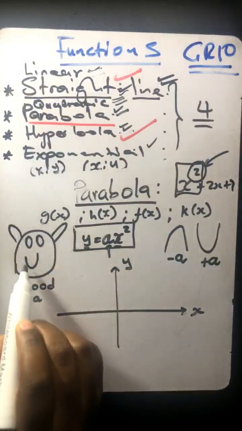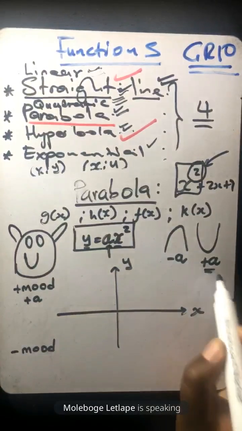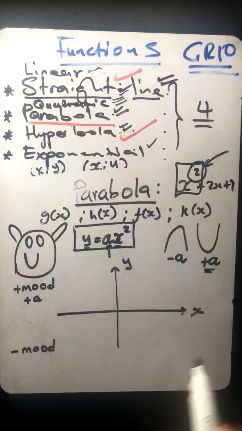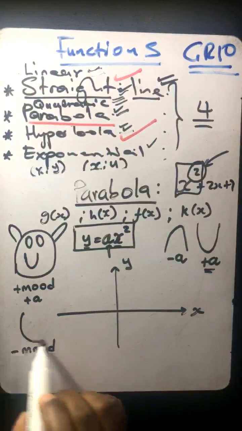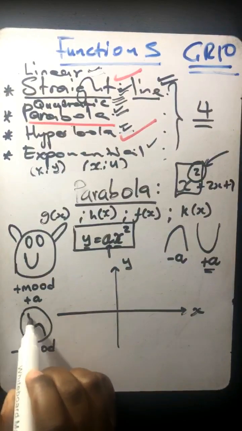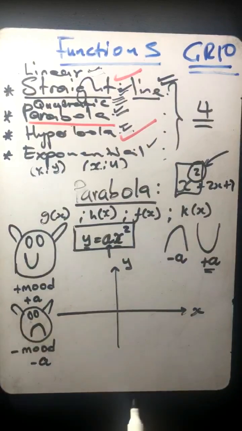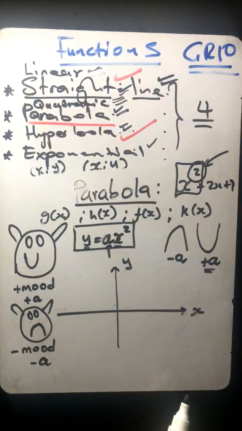Can you see that smiling shape there? It's because we are having a positive A value. But let's have a look at a sad shape. So if the A value is negative, we are going to have a sad shape. It's easier to remember now, isn't it?